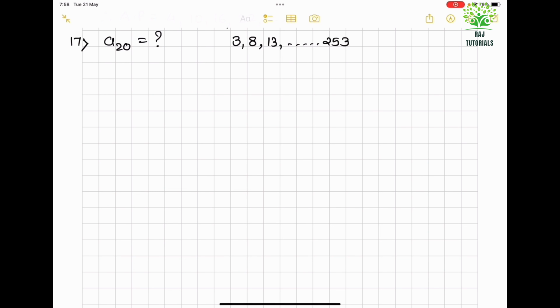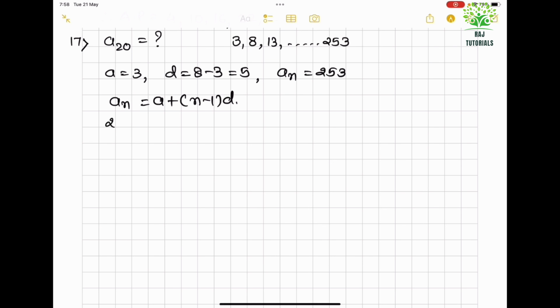Now the 17th one he has given. Find the 20th term from the last term of the AP 3, 8, 13 dot dot dot 253. So A is 3, D will be 8 minus 3, so that will be 5, and AN is 253. So I can directly say AN equal to A plus n minus 1D, formula I have to use.